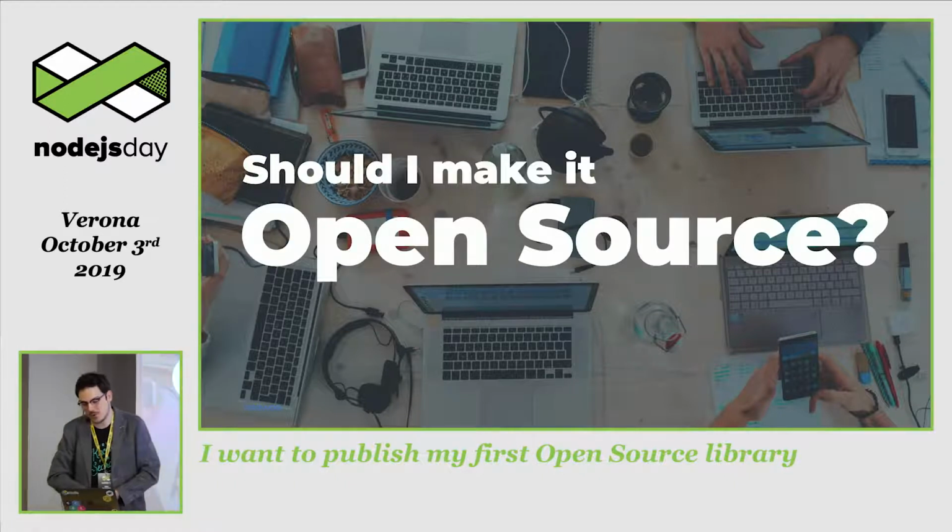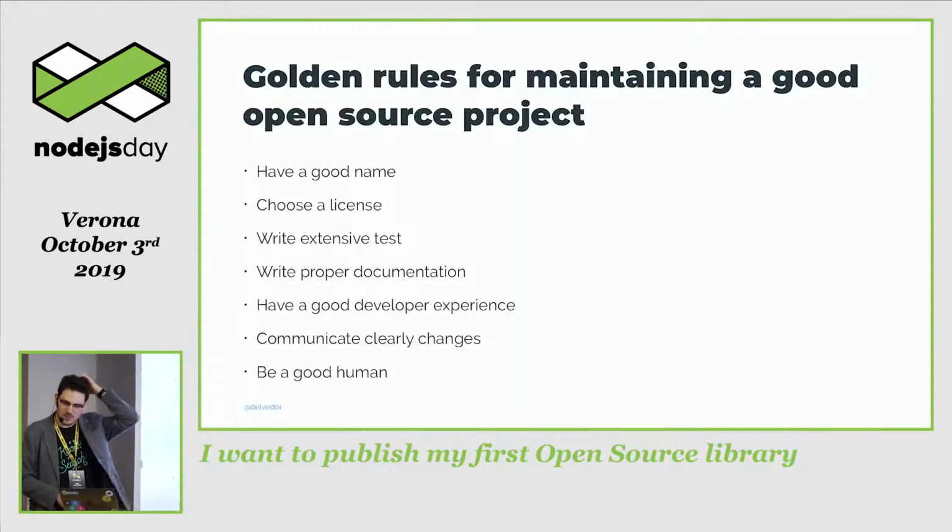Okay, no problem. So let me share what we can call golden rules for maintaining a good open source project. At least they worked for me. So first of all, have a good name. This is quite difficult, and I guess we can all agree about this. Then you should always choose a license before even publishing your code on some platform. Always choose a license. You should also write extensive testing. I don't want to know what you're doing in your day-to-day job, I'm fine with that, but in open source, write tests.